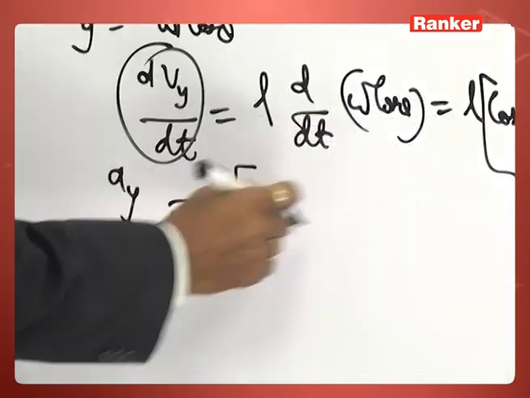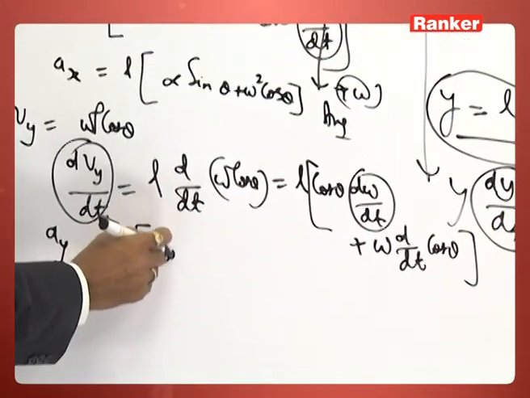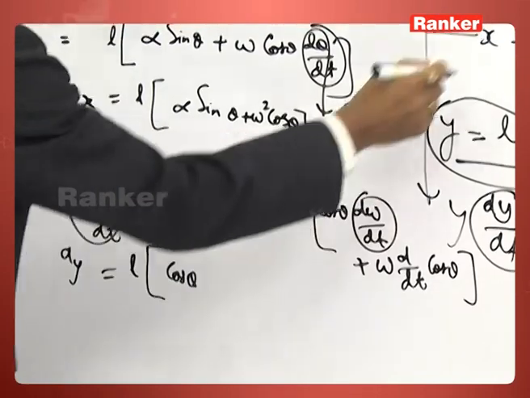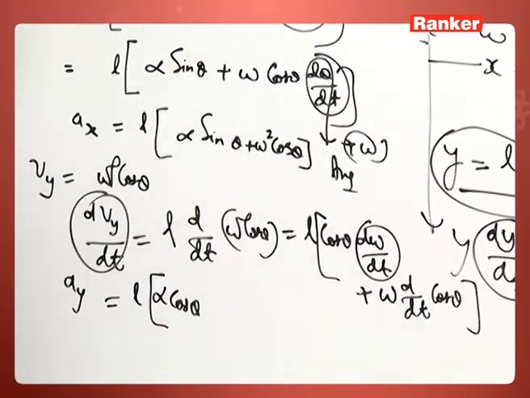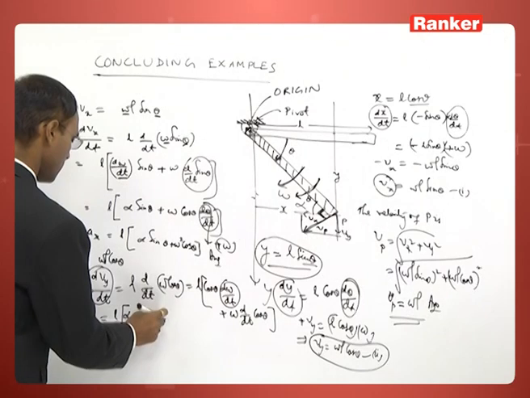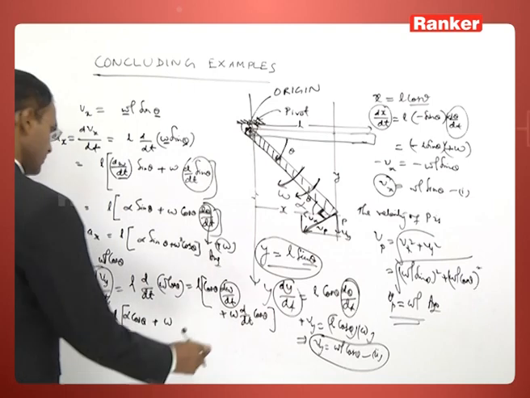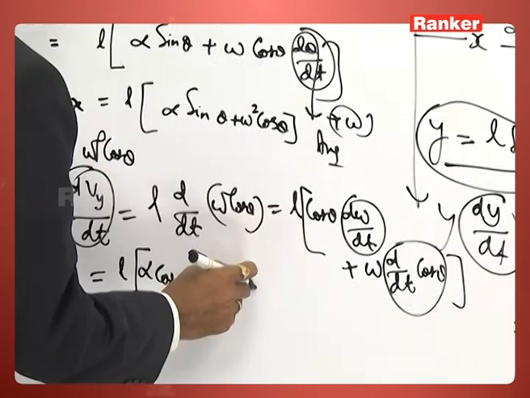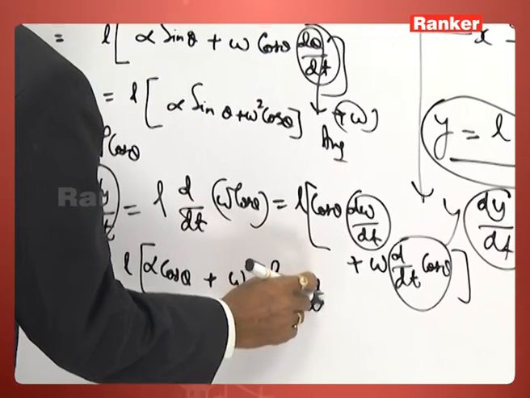L d omega by dt is plus alpha, because omega and alpha you have assumed in the same direction, plus omega. The derivative of cos theta is minus sin theta, d theta by dt.